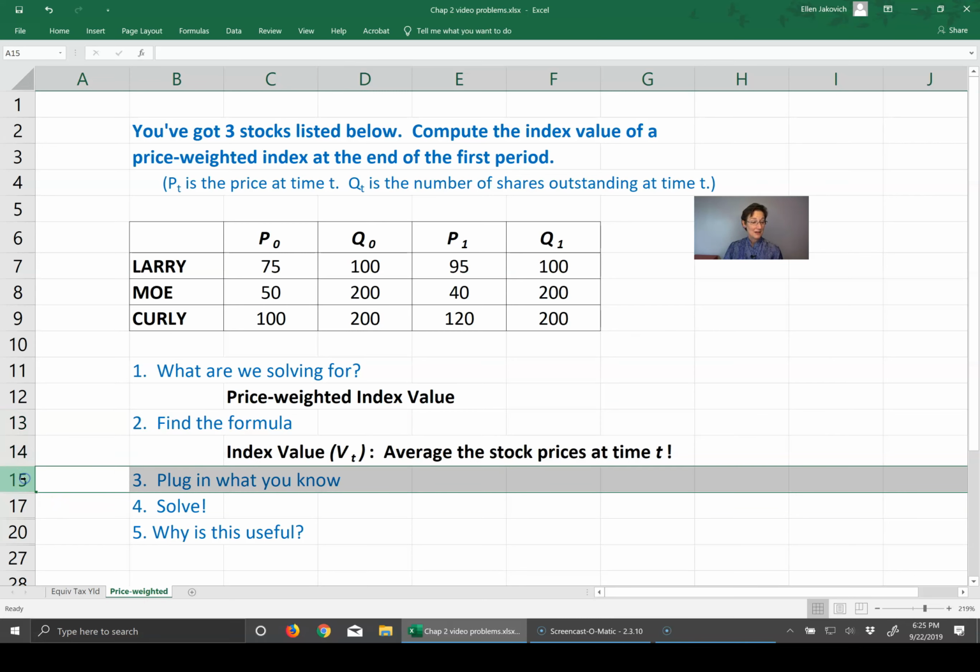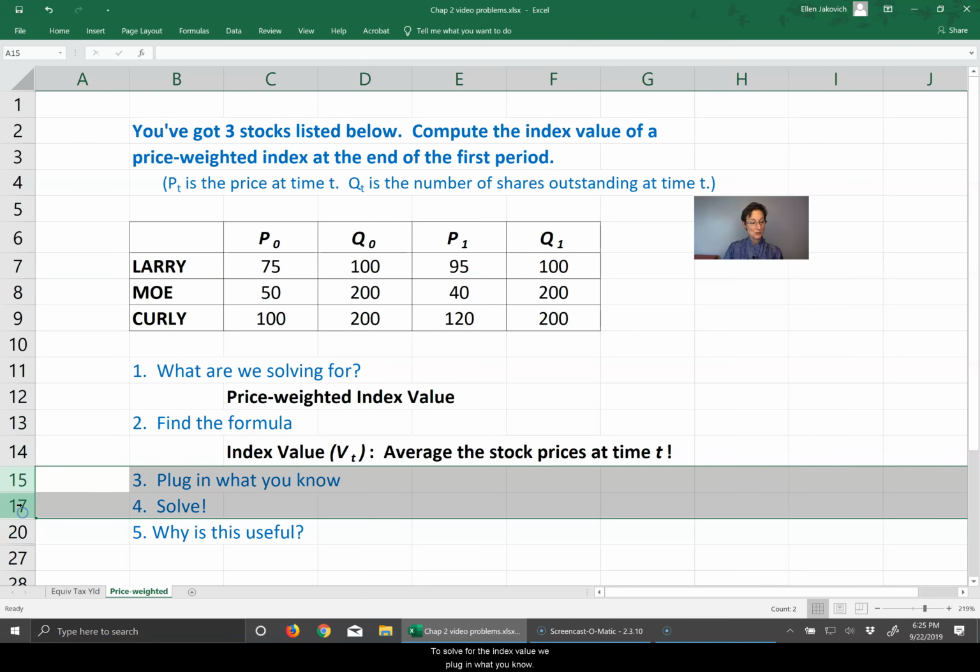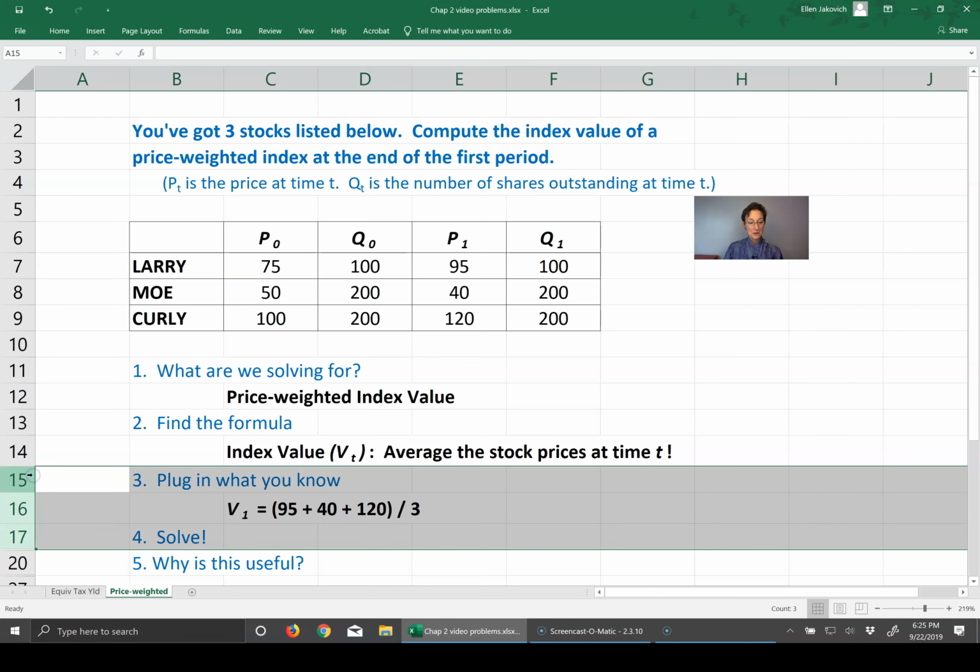So to solve for the index value, we plug in what you know. Let's say we want to find the index value at time 1. So what you see here is V1. We have the 3 stock prices at time 1, which are Larry is 95, Moe is $40 a share, and Curly is $120 a share.